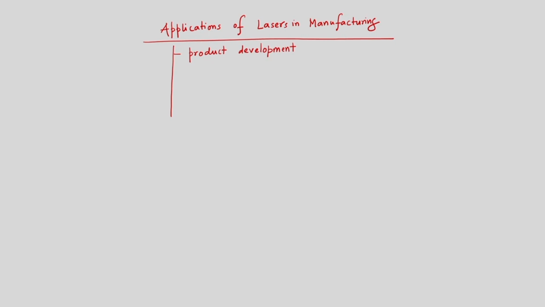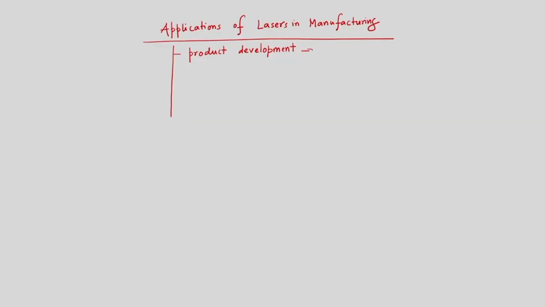In 3D printing we are using lasers to fabricate parts in a very rapid way. During product development, it is very essential to generate the parts so that we can realize the shape and size of the parts at a very early stage of development. So, there we are using laser based 3D printing techniques. So, one application is product development.